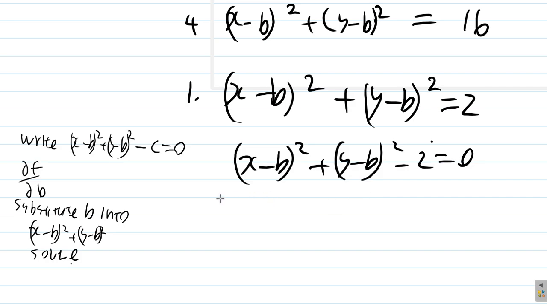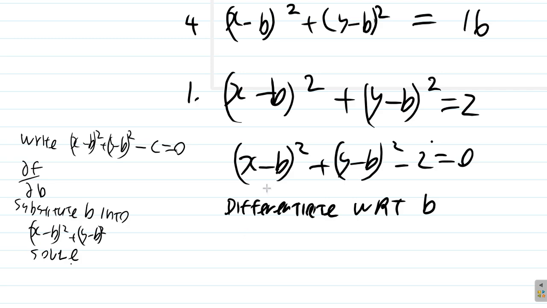Good. Then we find the derivative with respect to b. We differentiate with respect to b, the parameter b. So now, you have a function of a function here, so use the chain rule.